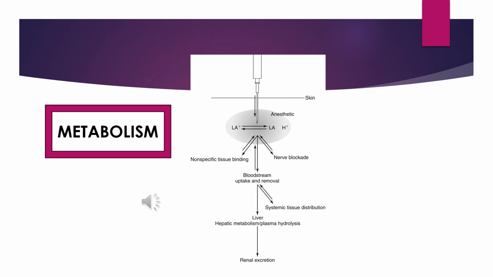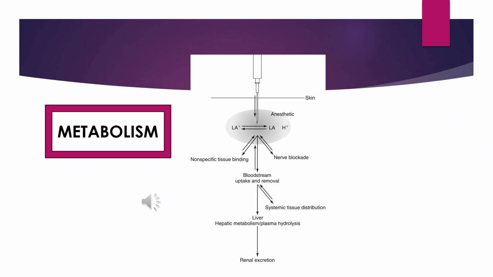Take the example of prilocaine. In the case of prilocaine, the toxicity is not due to the prilocaine but due to orthotoluidine, which is its metabolite, and which forms methemoglobin, which causes methemoglobinemia.